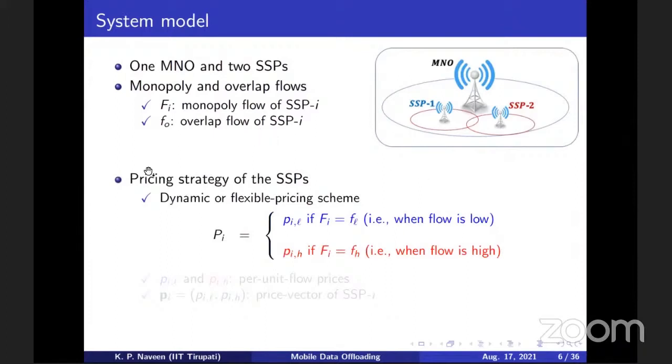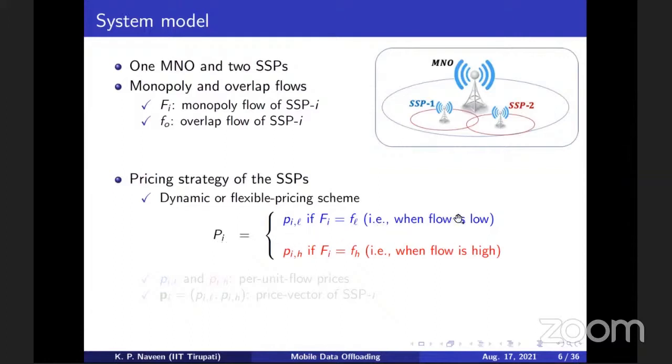Okay. So from this simple model, we'll try to draw some insights. First, let's talk about the pricing strategy of the SSP. We'll enable the SSPs to set prices in a dynamic fashion, which we'll call the flexible pricing scheme. Here I've introduced the random variable Pi, P1 or P2, depending on the SSP.